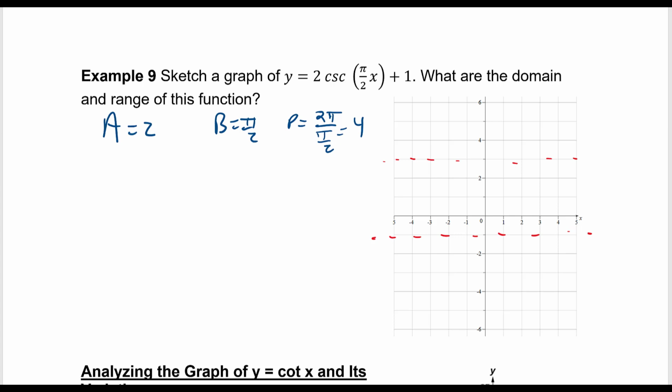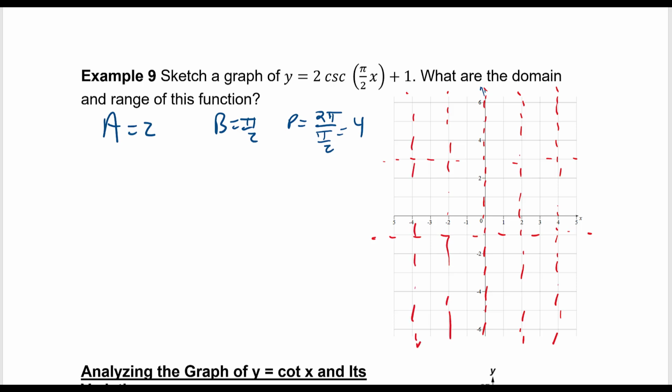And so normally we'd have the 0 line here. And we're still going to have an asymptote on that y-axis. 4 is the end of the period, so we'd have 2 here in the middle. And if we wanted to go the other direction, we're looking at negative 2 and negative 4.